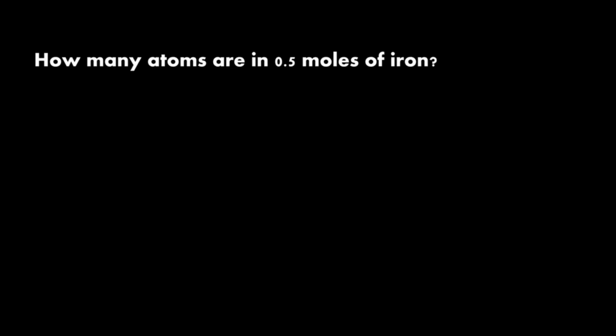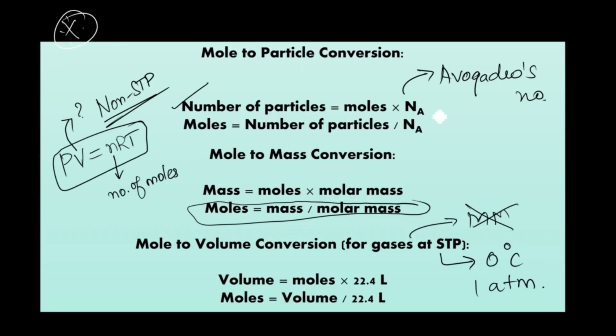Moving on to the problem solving part. How many atoms are in 0.5 moles of iron? So iron is a solid. The molar mass of iron is 56. How many atoms are there in these moles? We already know the number of particles is moles into Na.